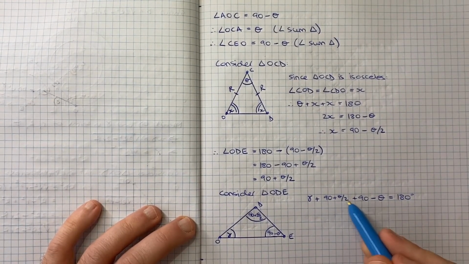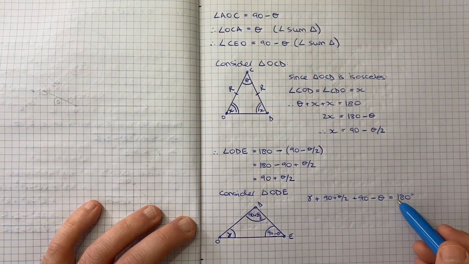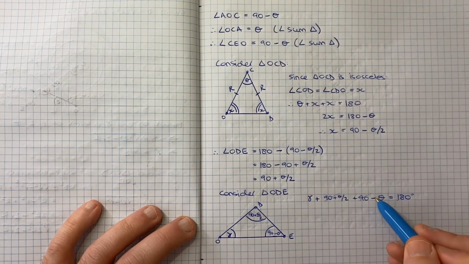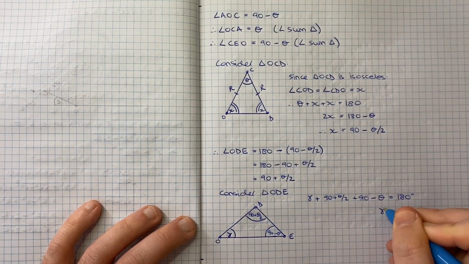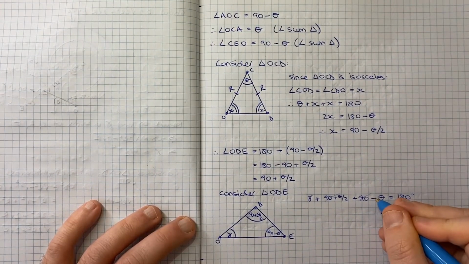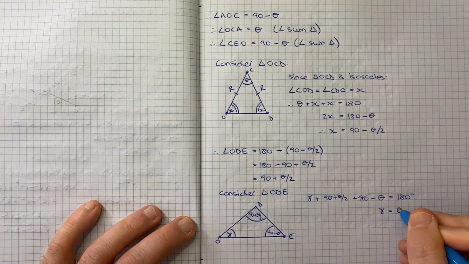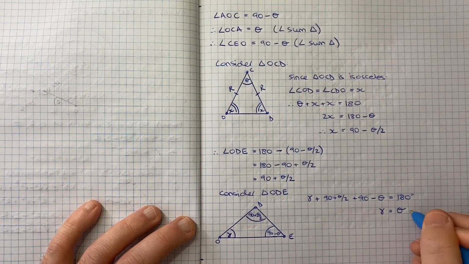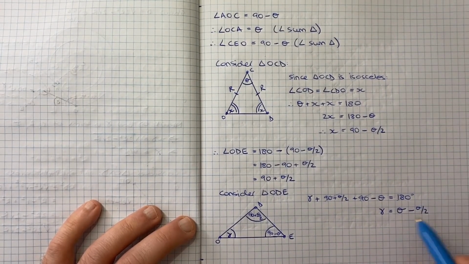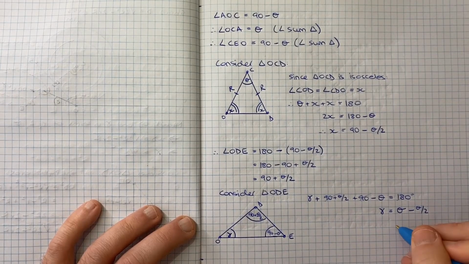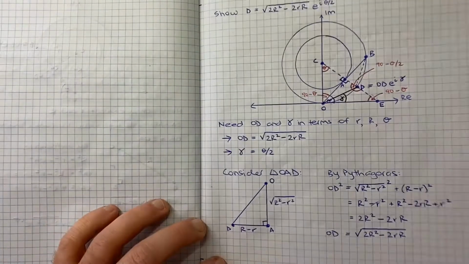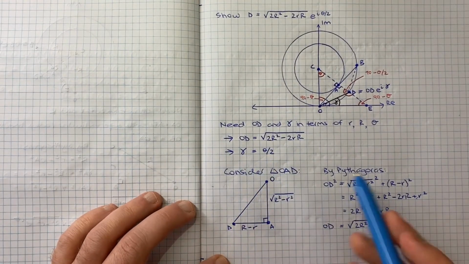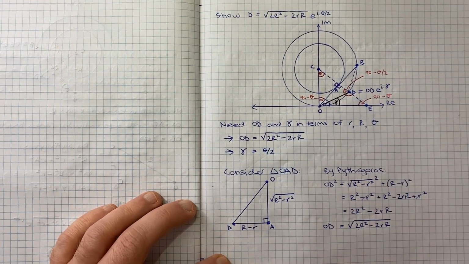Now these two 90s and the 180 all cancel. And we can basically keep our gamma here, and we'll bring over the theta, and that'll become plus theta, and then minus theta on 2. And theta minus theta on 2 is just theta on 2. So gamma is theta on 2, and again, that's what we're after. So we've got our two ingredients, now we can put them back in.